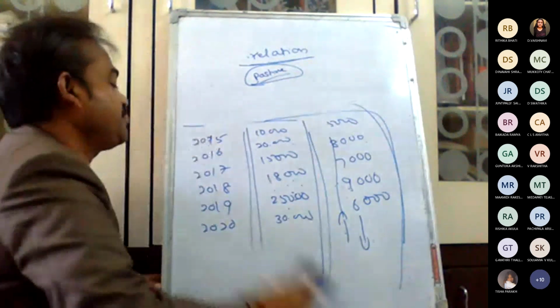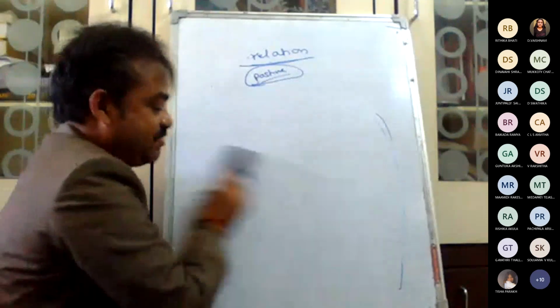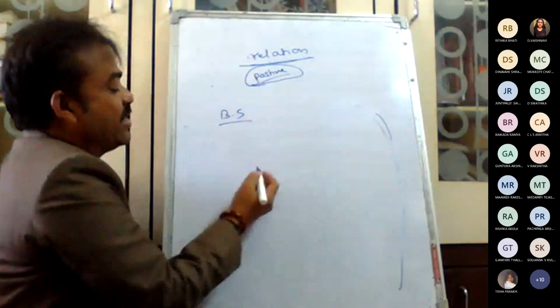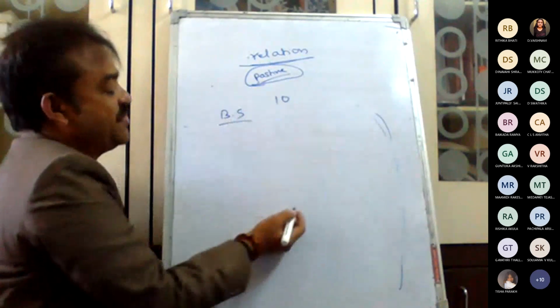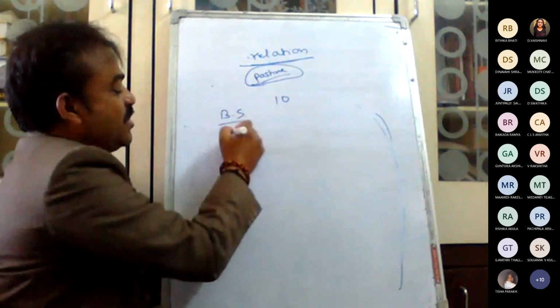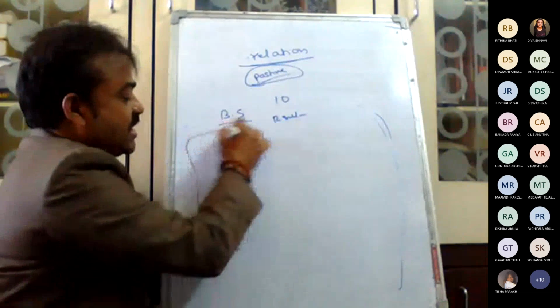One more example I will give you. If I am taking a class, your business statistics class. If I take more number of classes, actually I have 10 classes, but I take 15 classes. 1, 2, 3, 4, 5. So here the number of classes are increasing.